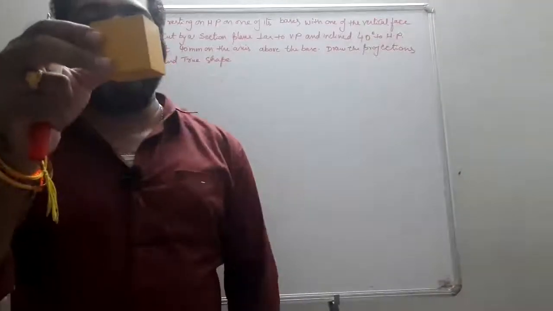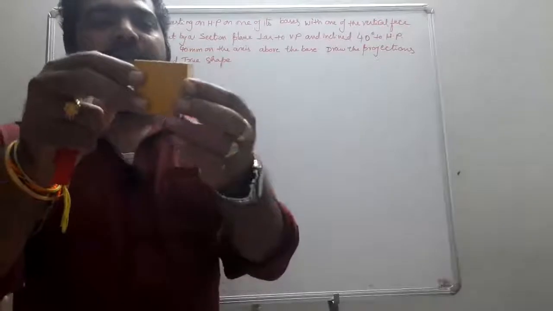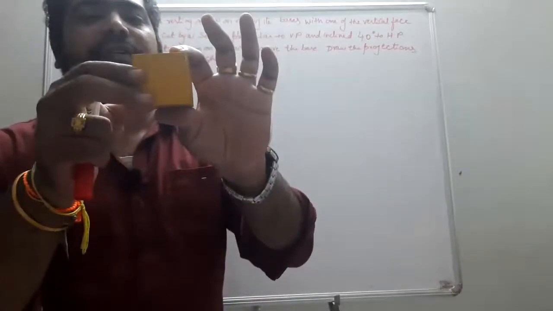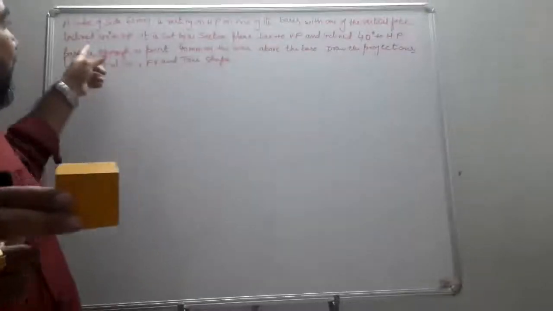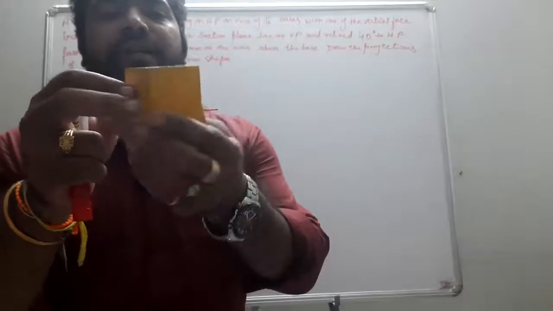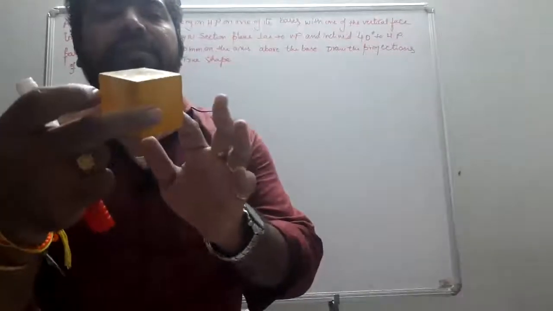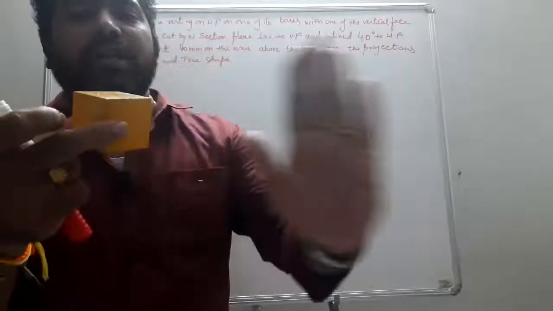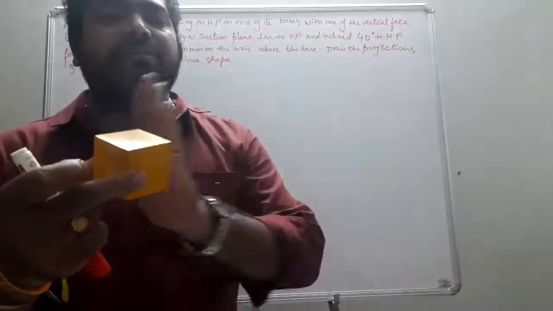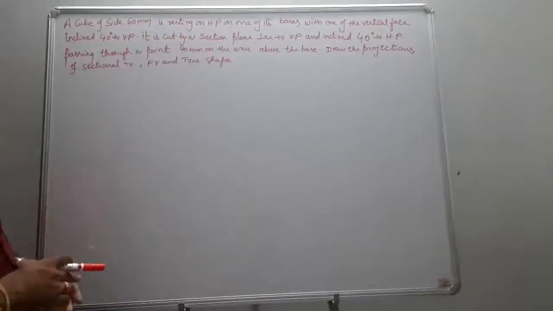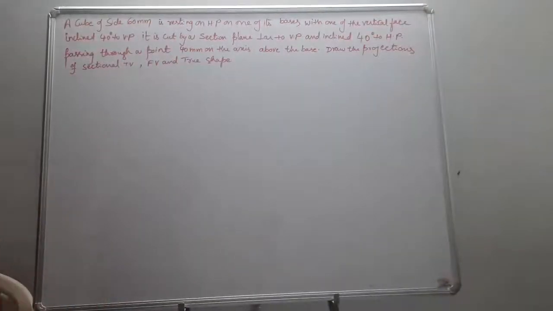Let us consider it resting like this, these are the vertical faces. This face is inclined 40 degrees to VP, so this vertical face rests on the axis line making an angle of 40 degrees. And it is cut by the section plane perpendicular to VP.